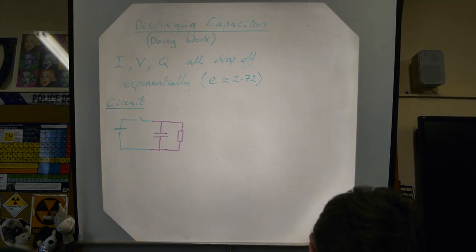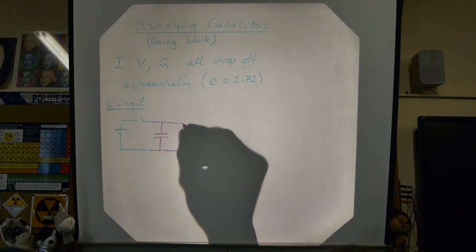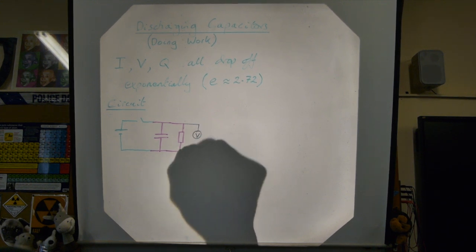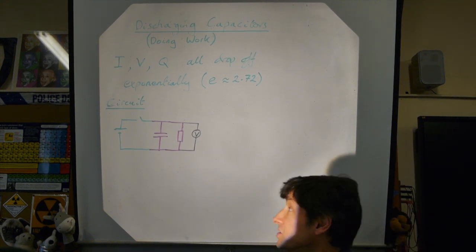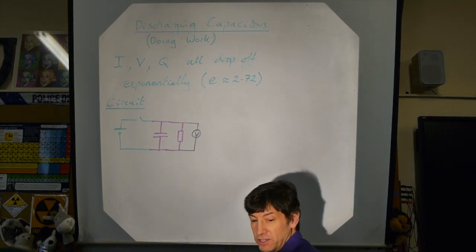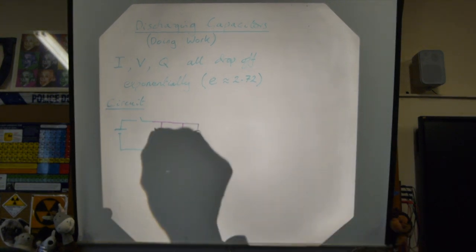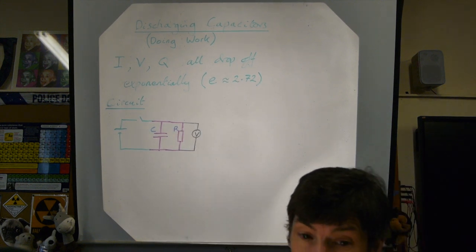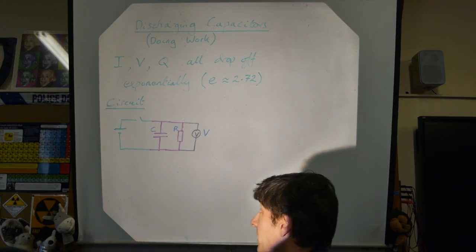And finally, we need some measuring tools. So let's put a voltmeter across here, and across the resistor as well, which is exactly the same as across the capacitor. So we've got some values here that we can look at: C, the capacitance, R, the resistance of the external circuit, and V, the value on the voltmeter.